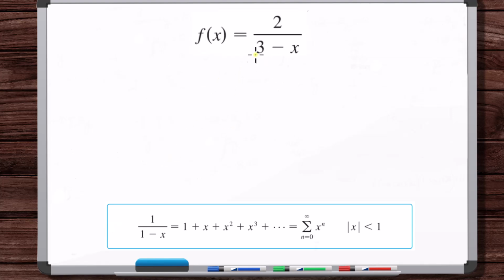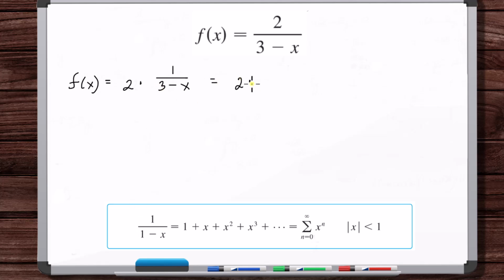Okay, same process. Can we create a parallel between these two? Because for all these problems, we're building off of this. So, all right, let's bring that 2 out front, and now we've got 3. Okay, that's an improvement. The numerator is a 1, but now we need the 3 to be a 1.